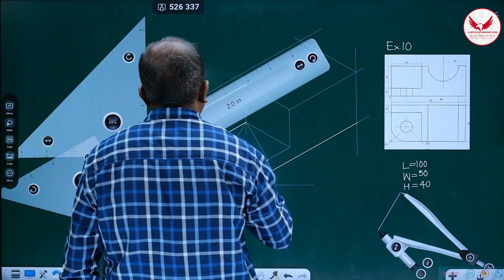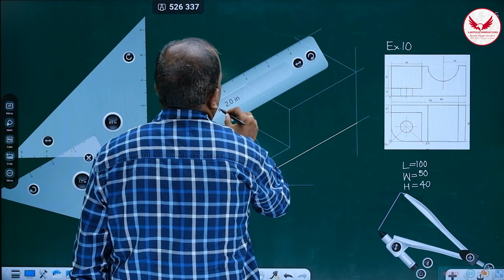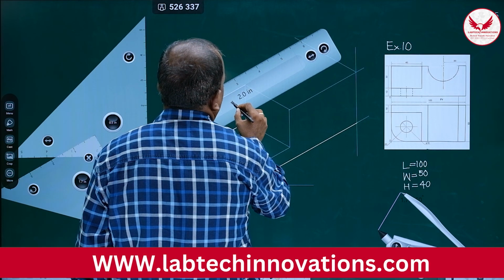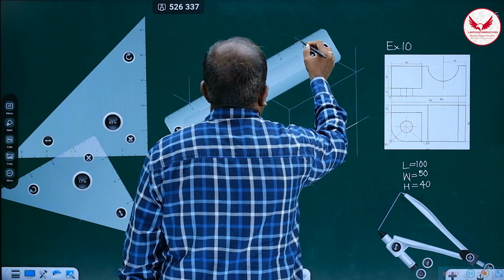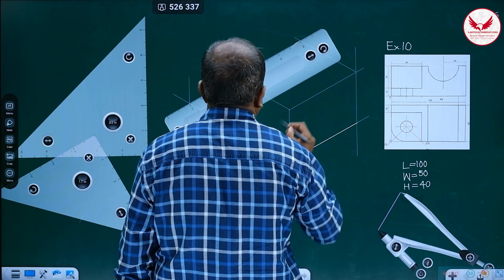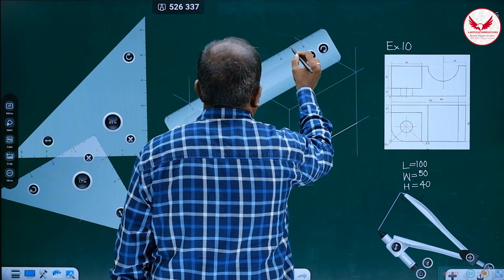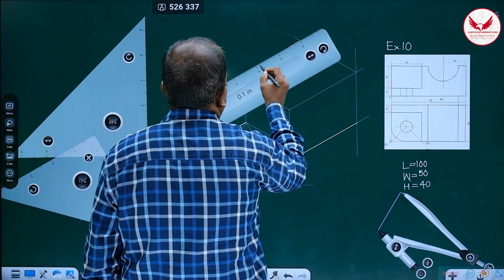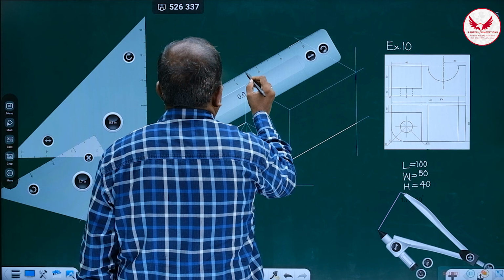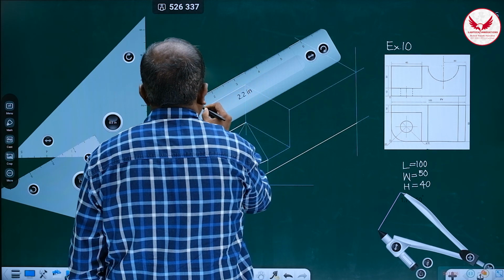While marking this line, from this end I leave 10, this 10, and after 10, a 40 mm gap: 10, 20, 30, 40. Once we mark this 40, after that it is throughout.